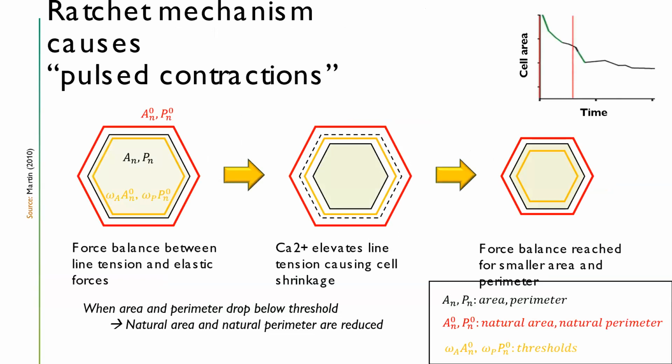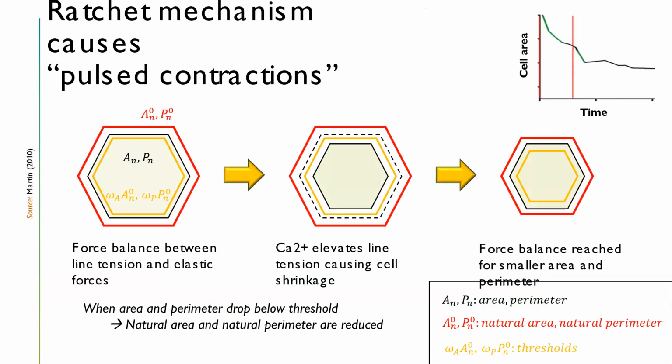This is more of a visual aid to help you understand the ratchet mechanism. Remembering that graph that we saw with the calcium spike that causes the cell area to decrease sharply and then recover. In the first picture, you have the cell settled around the red line, which is the natural area and natural perimeter that it would like to be at. And the tension is holding it away from that.